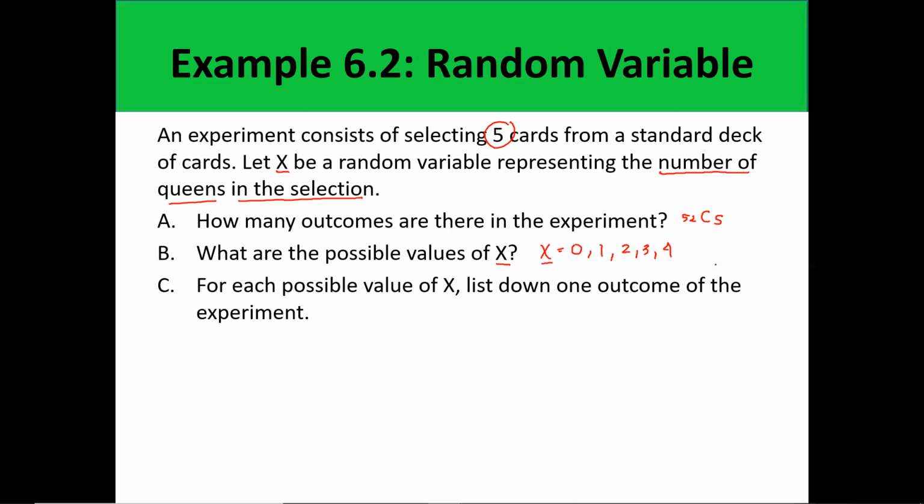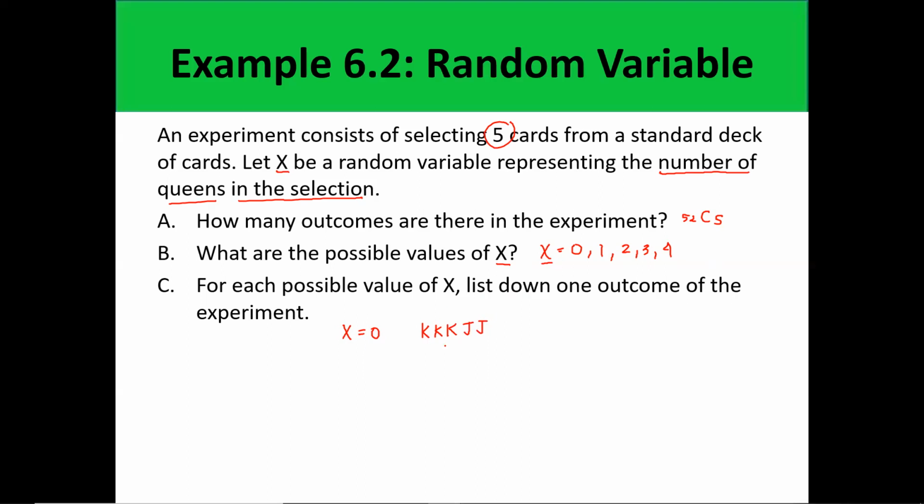Okay, now for the third question, for each possible value of x, let's list down one outcome of the experiment. For x equals 0, we can list down any set of 5 cards that doesn't contain a queen. For example, King of Hearts, King of Diamonds, King of Spades, Jack of Hearts, Jack of Diamonds.